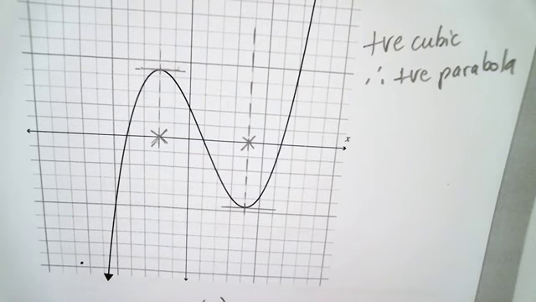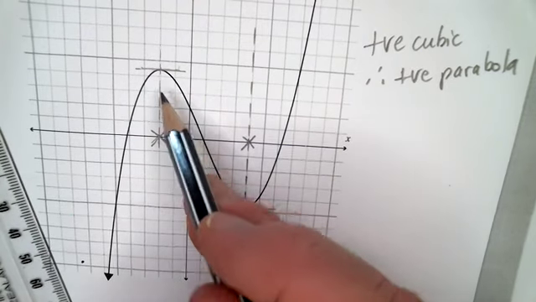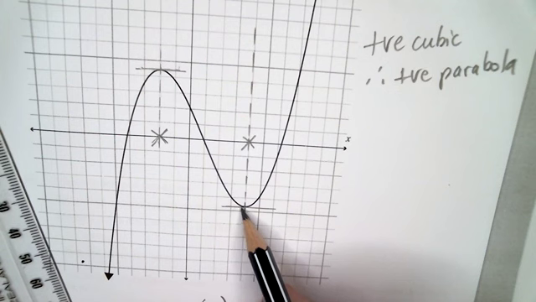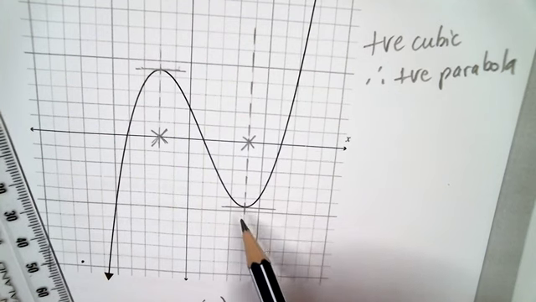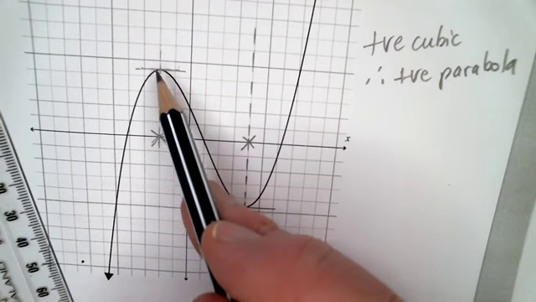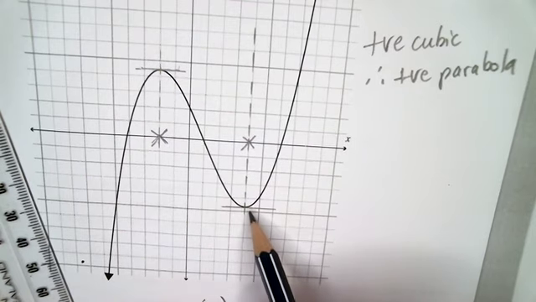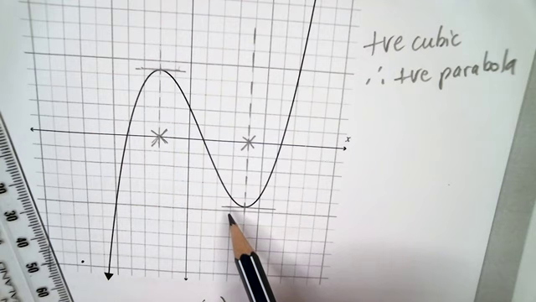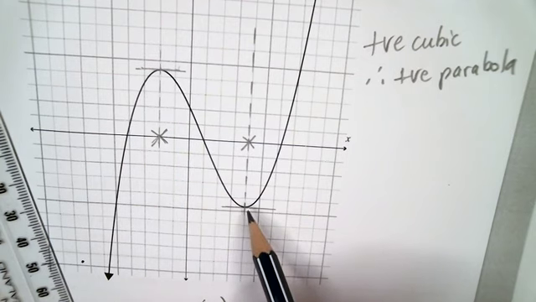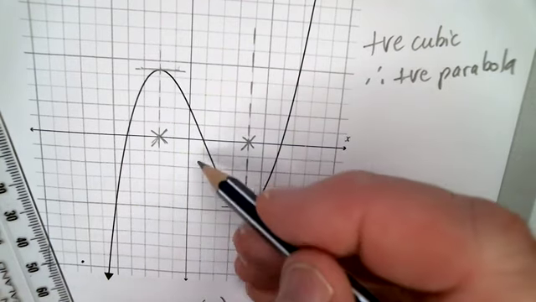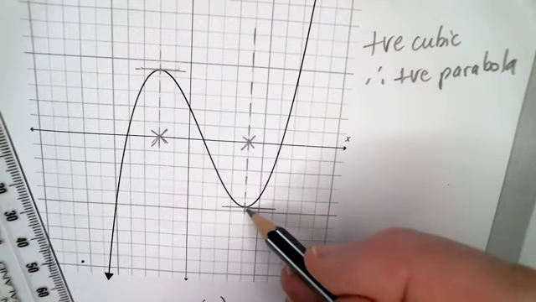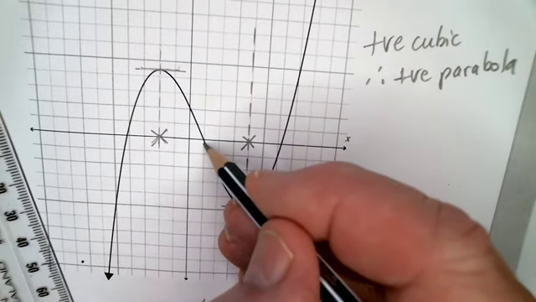Now we have one more thing which we do know, and that is halfway between here and here, we have the point of inflection. It looks like it's a bit more up there than down here. So I don't think they're going to worry about this, but you really want to make this, the point of inflection would be roughly halfway between, and I think it's going to be about there.